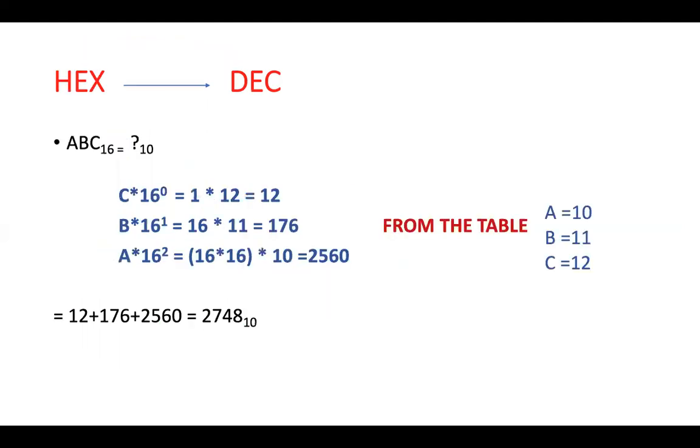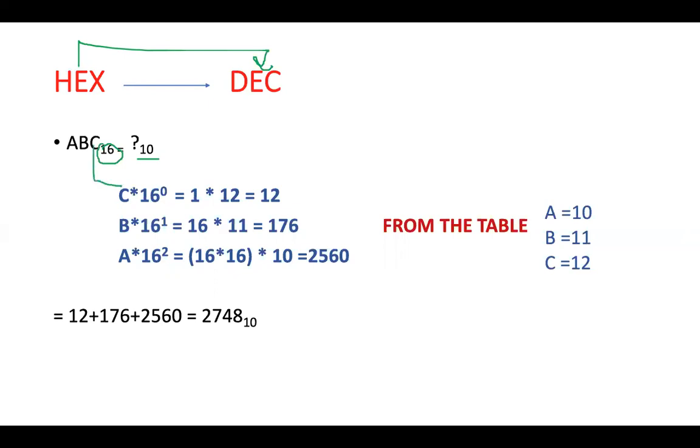Let's take another example. We want to change from hexadecimal to decimal. And you can see here the hexadecimal base is 16 and we have letters, and they want us to convert it to a decimal number because this base is 10. So from hexadecimal to decimal, we are going to multiply with the base number, which is 16 to the power n.